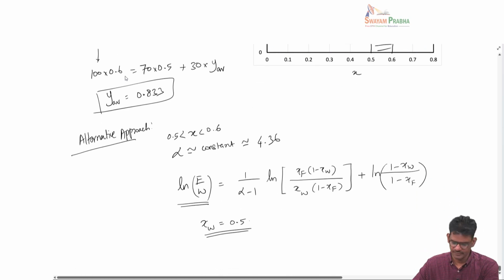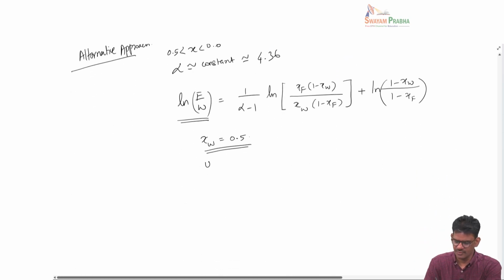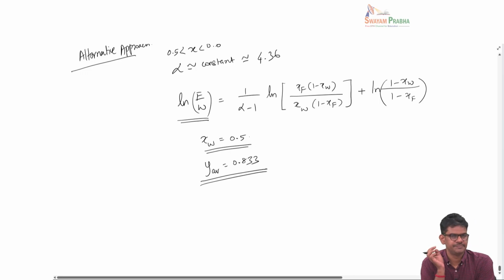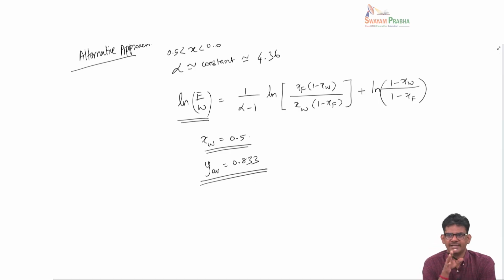Okay, and because xw is same, y average will be also the same. So the point I am trying to make here is that even though the VLE can show that the relative volatility can be very different across the composition from 0 to 1, for a very narrow range, alpha can be considered constant, and whether you do it numerically or analytically here, you will get similar results.